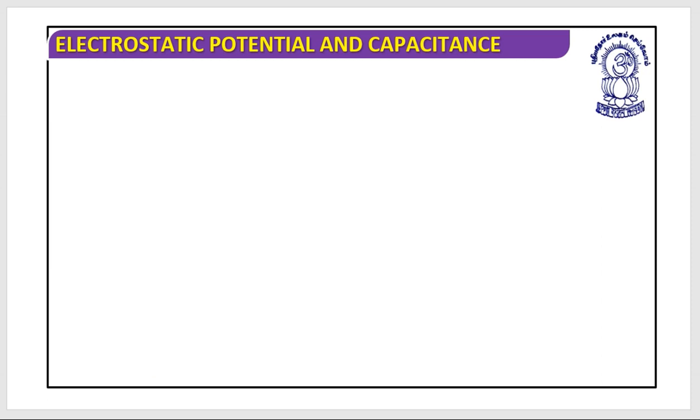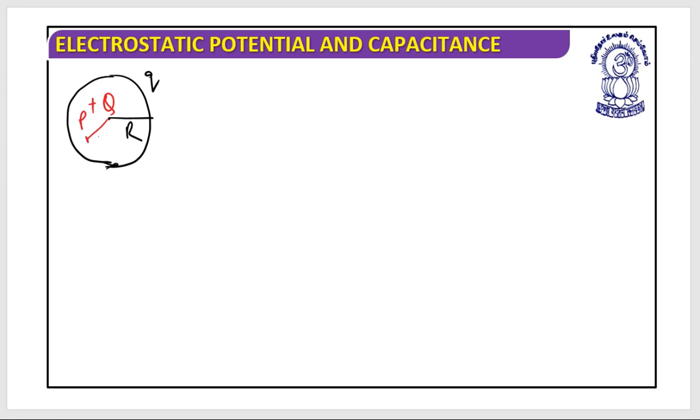So let's have it. According to the data, this is a shell and it is having charge q. This is having radius r. It is having a charge plus Q at the center of the shell, and you require the potential at this place.